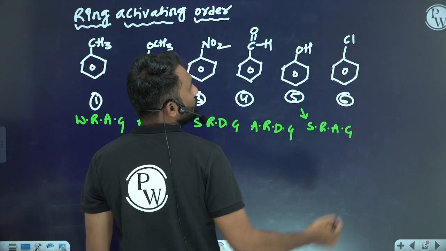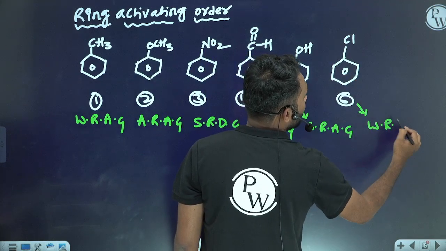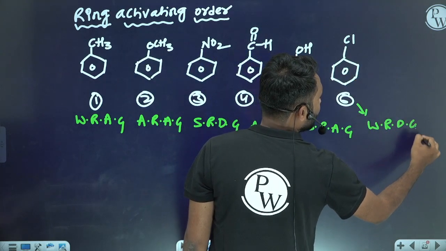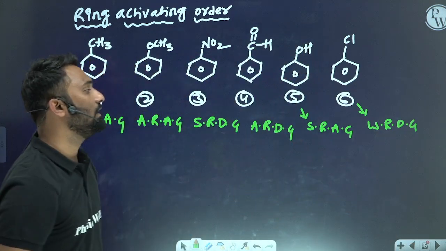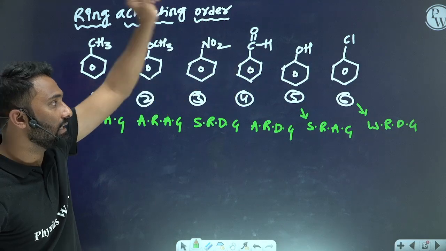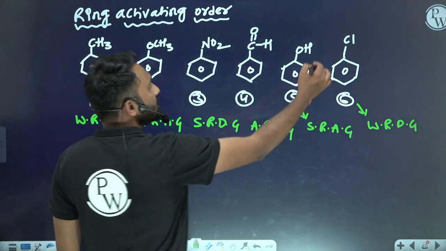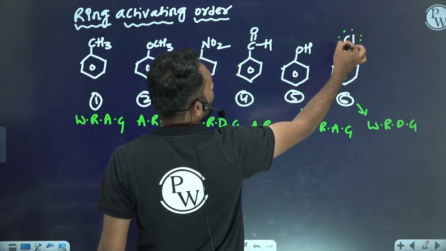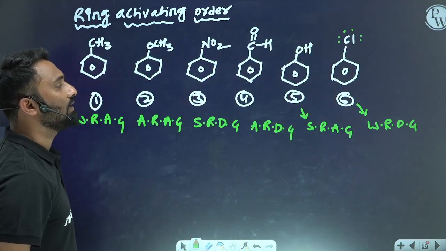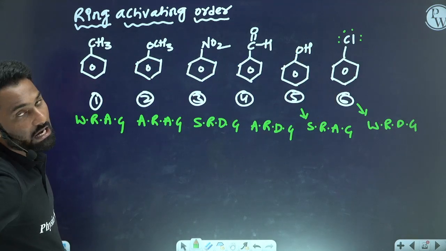Chlorobenzene is a weak ring deactivating group. But even though it is a weak ring deactivating group, it will increase the electron density at the ortho and para positions. That you have to remember. Because of the lone pair of electrons on the chlorine, it increases the electron density at the ortho and para positions.